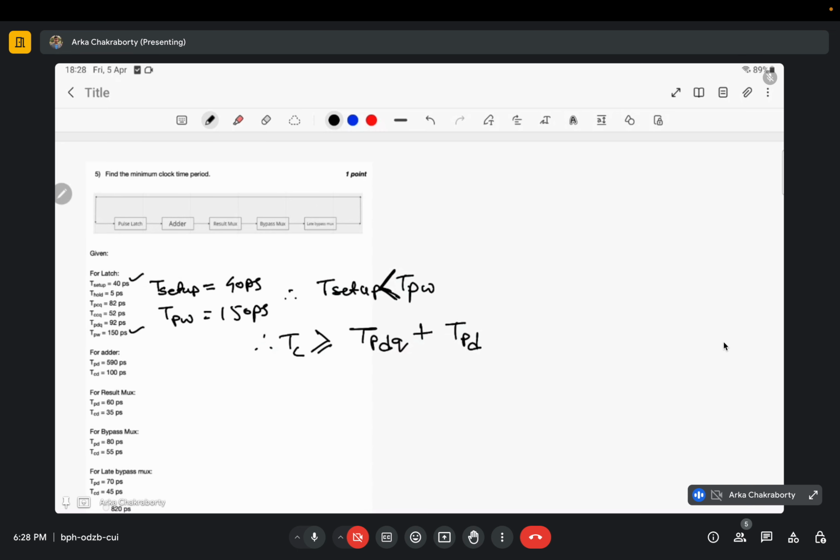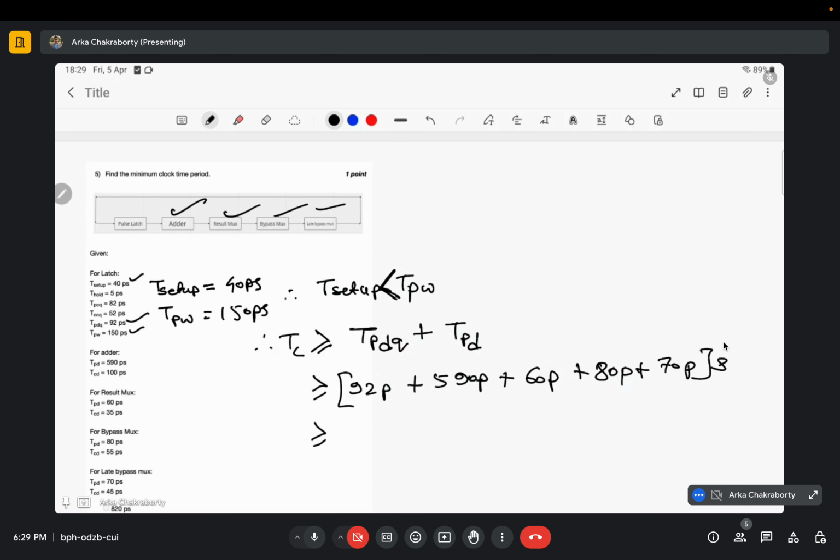So TC would be greater than PDQ, 92 picosecond, plus TPD of this one, which is 590 plus 60 plus 80 plus 70 picosecond, so 650, 730, 800, 892 picosecond.